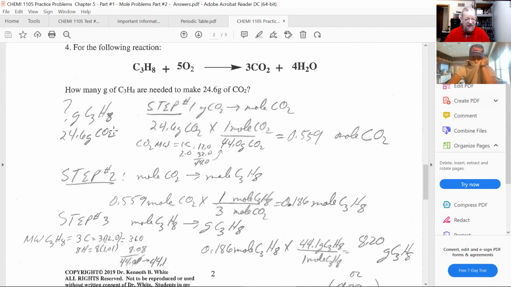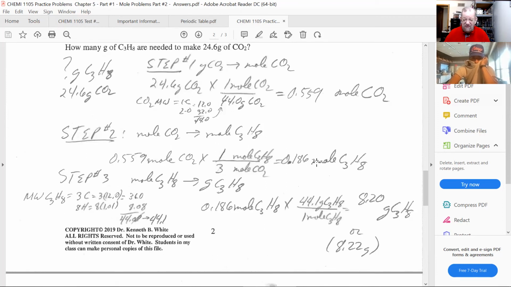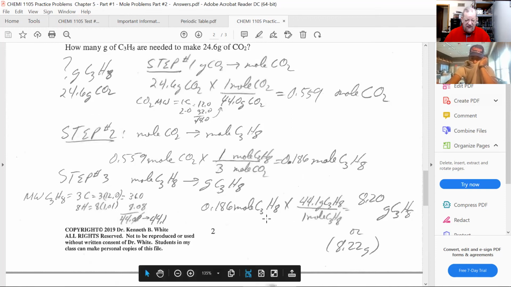Now, are we done? No, we're trying to get the grams of C3H8 propane. We have moles of propane, C3H8. So now we do step number 3, and let's go from moles of B, C3H8, to grams of B, C3H8. We want to get the grams of propane.